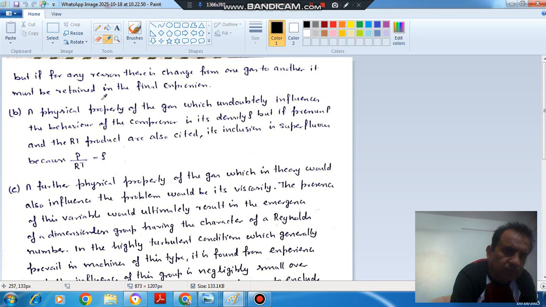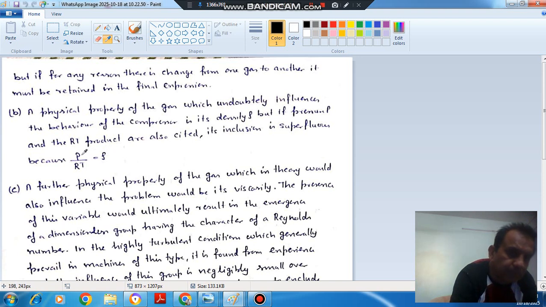Okay, so this is about RT. The next point is, if we take P with RT, then P by RT is rho. So if we are taking the variation of P by RT, then we can eliminate the variation of rho. But rho is an important property in the case of a compressor.